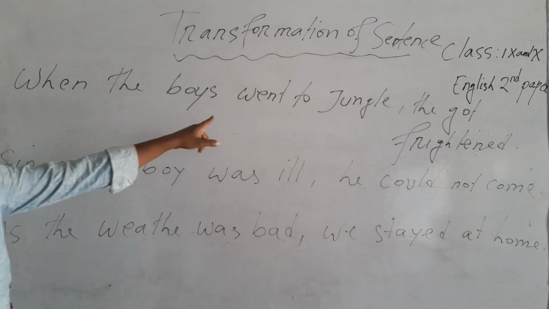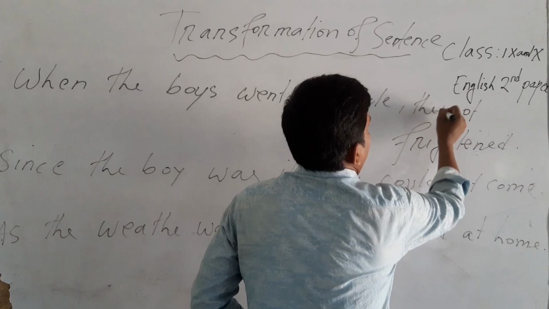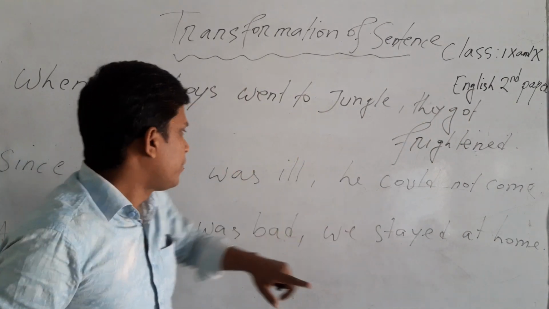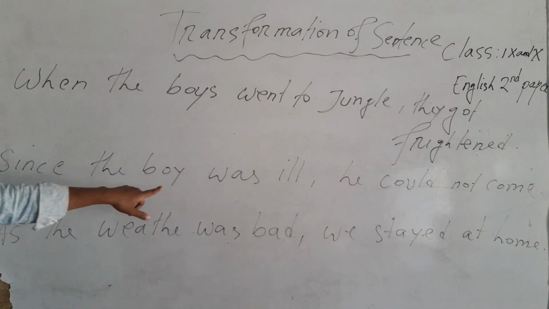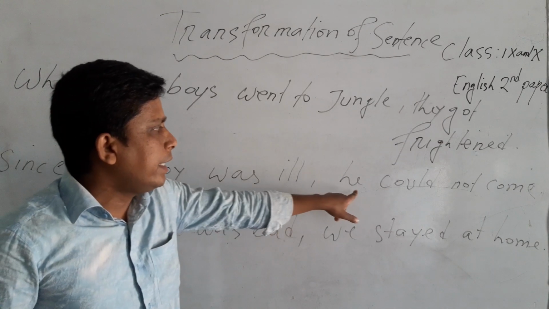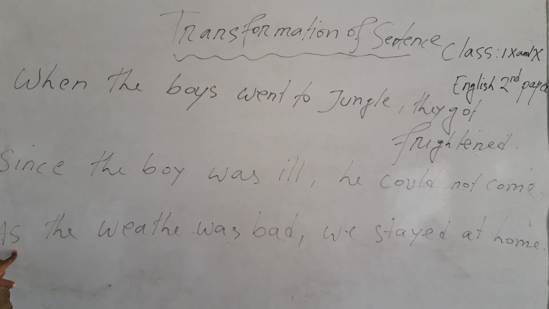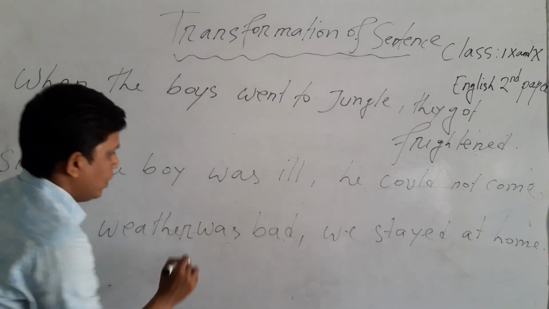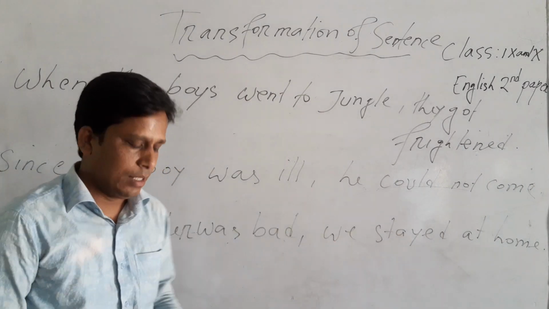Dear viewers, notice I have written three sentences. When the boys went to the jungle, they got frightened. In the second sentence, since the boy was ill, he could not come. As the weather was bad, we stayed at home.